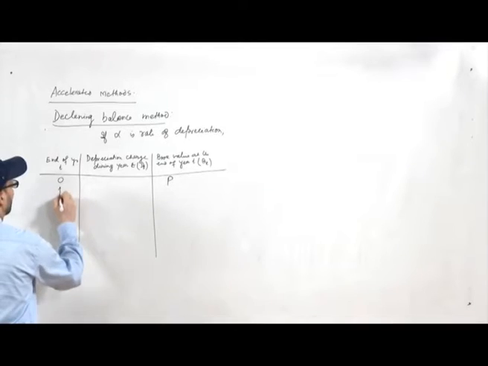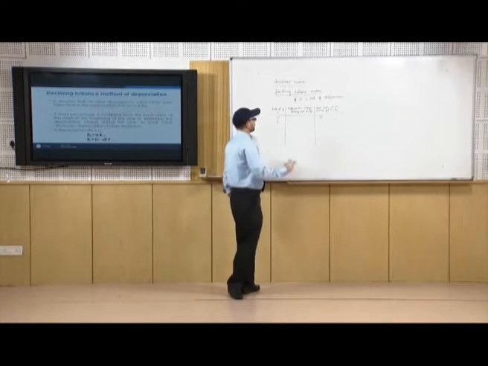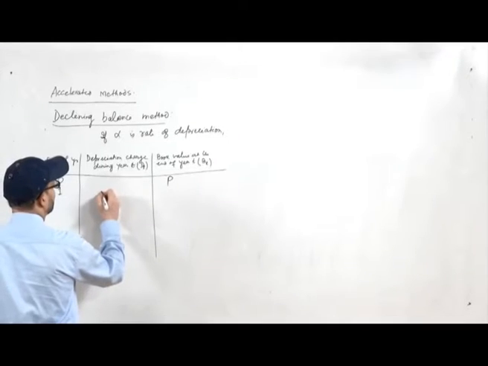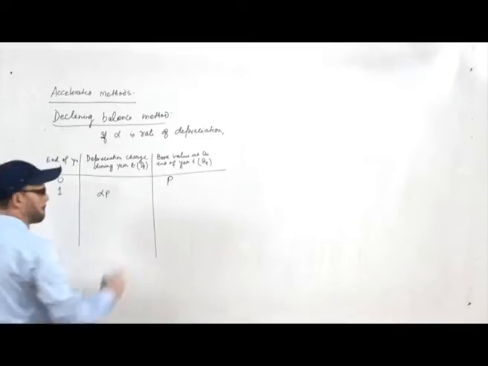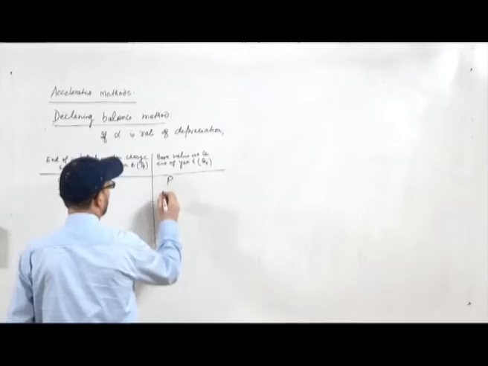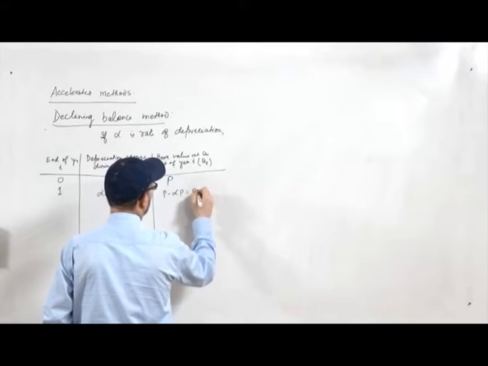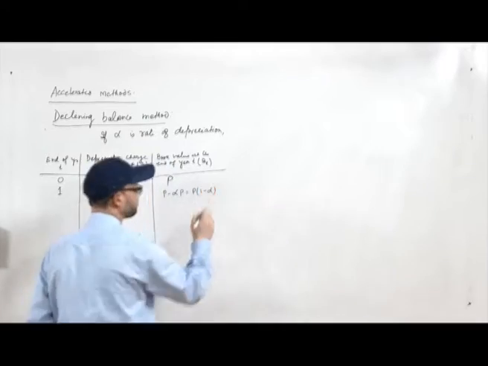In the first year, if alpha is the rate of depreciation, the depreciation charge will be alpha times P. So, the book value at the end of the first year will be P minus alpha P, that is P into 1 minus alpha.